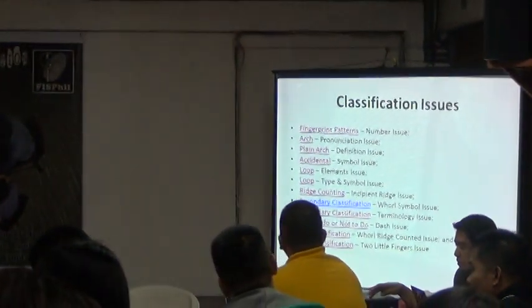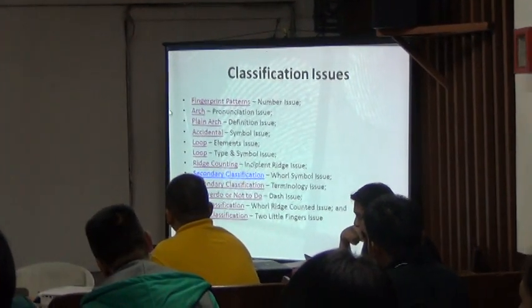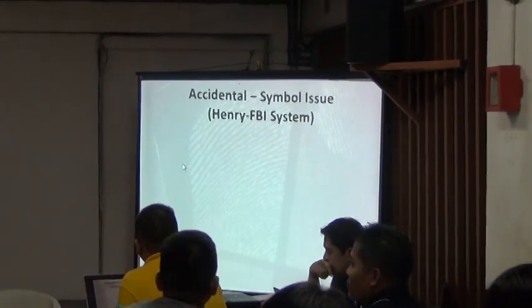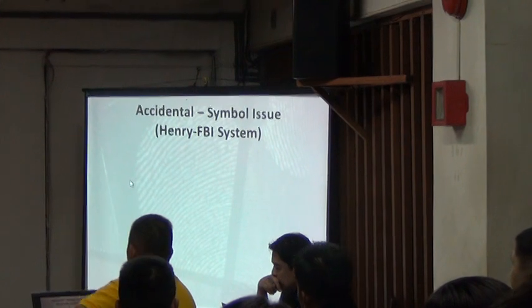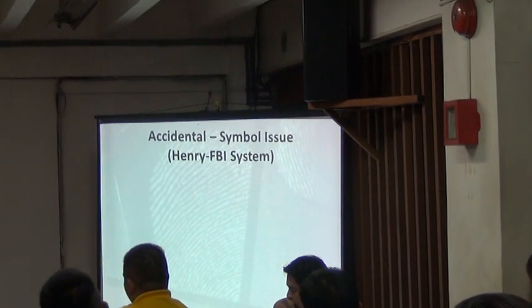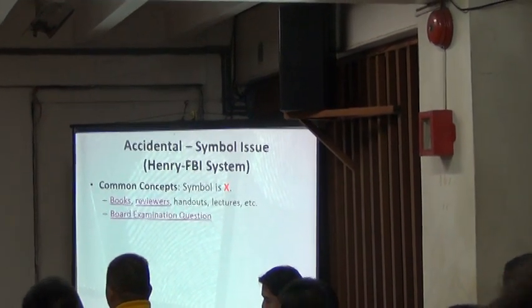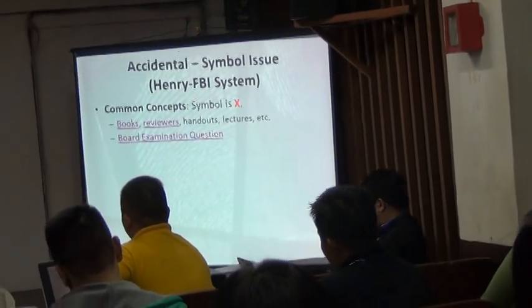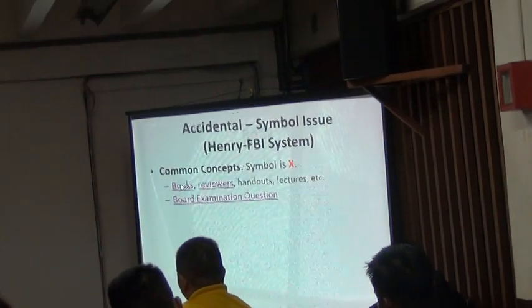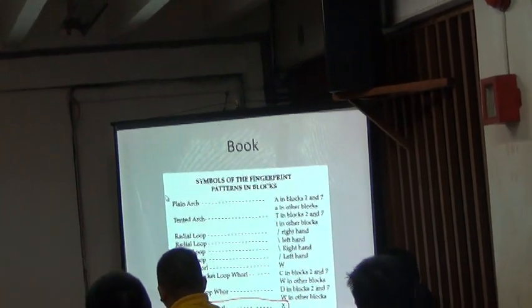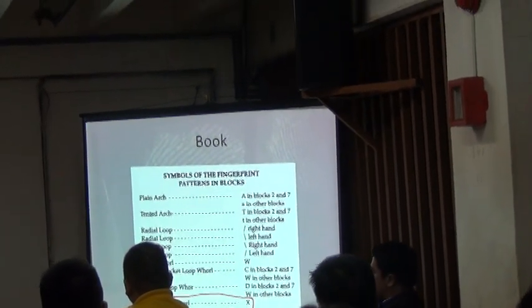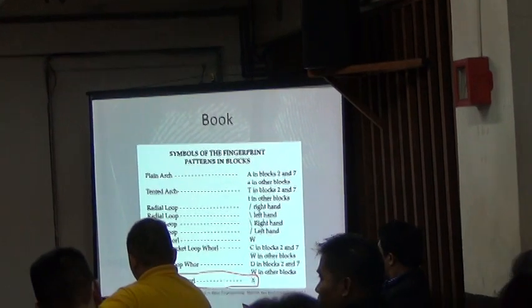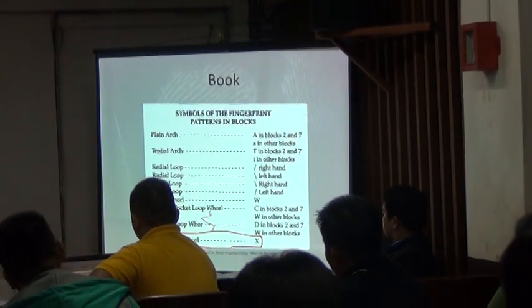Next is accidental pattern. About the symbol of the accidental. Okay. Sir. Let us survey some books based on the common concepts. That is taken as X, accidental X. Okay.